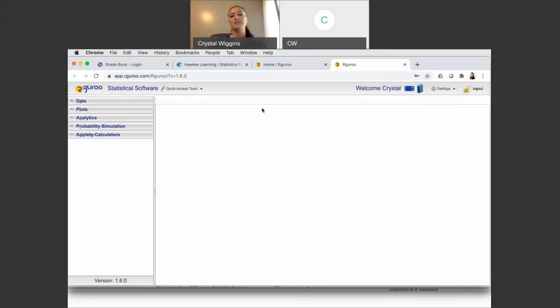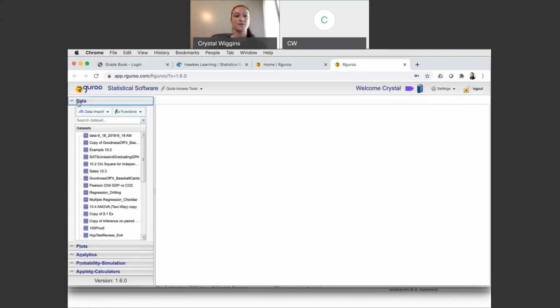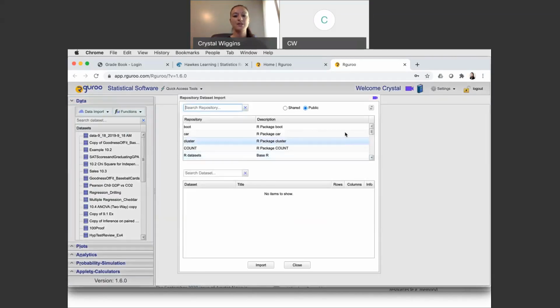So we are going to be using data in a couple different ways. In some future chapters, the data set will already be here because the data that corresponds to our book is already preloaded. It's one of the reasons why I kind of liked the Hawks book. So I went over here to data, and I'll show you import data. If I went to the data set repository, I would look for my Hawks book.